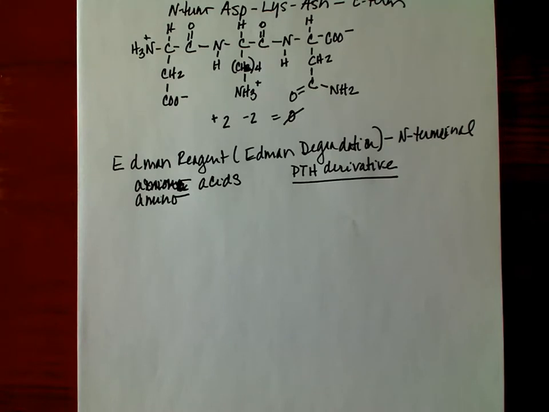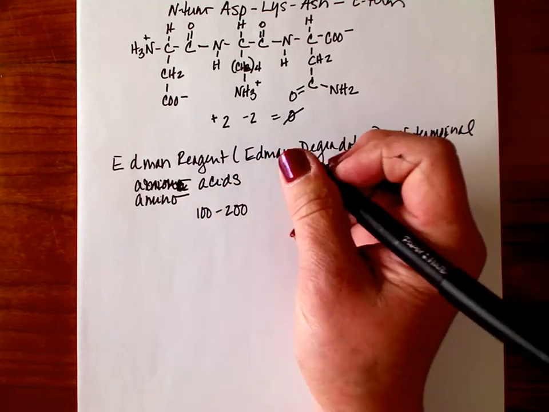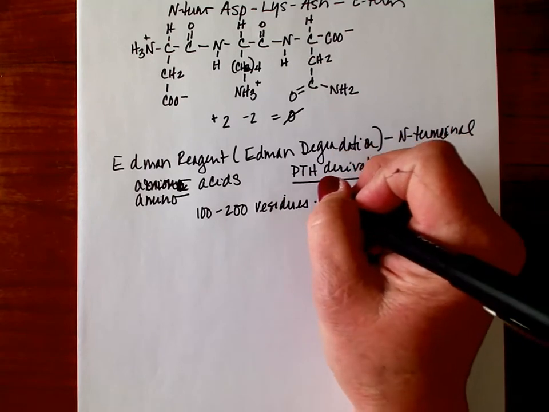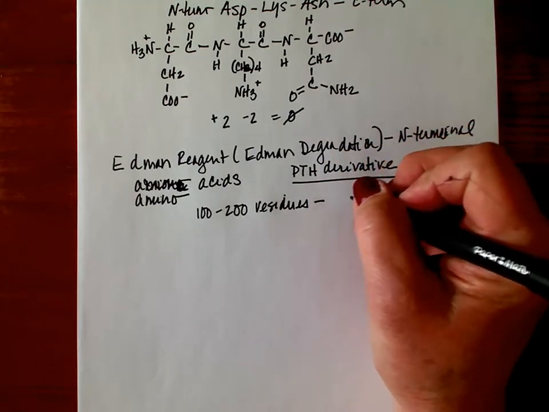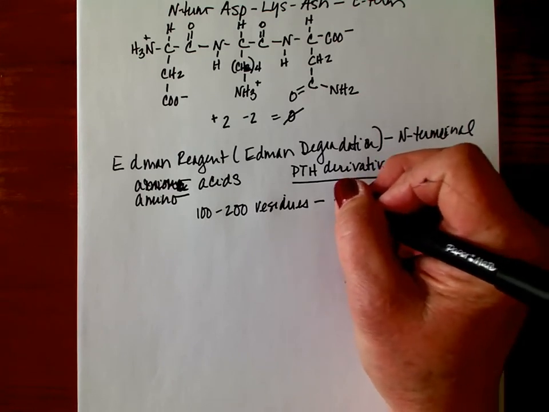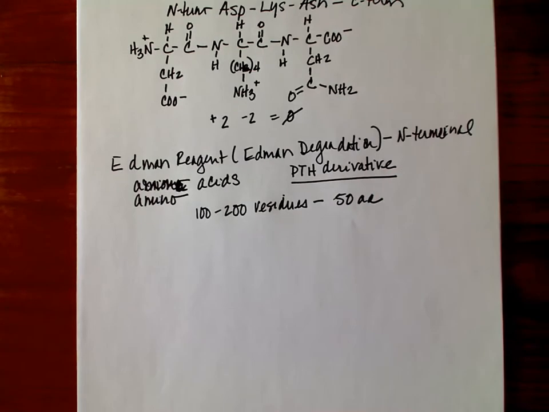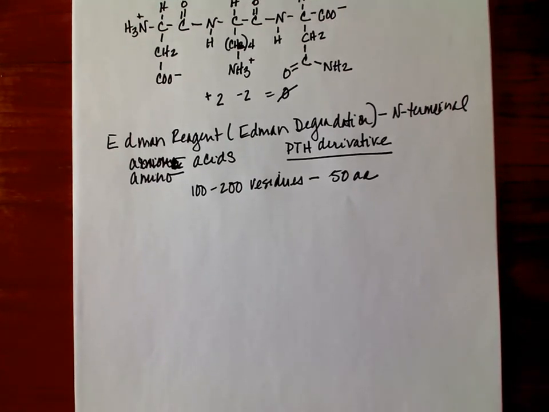If we have a polypeptide of about 100 to 200 residues long, we might be able to identify the first 50 amino acids. So it does have limitations, and we will look at other techniques that do allow us to get longer sequences in polypeptides.